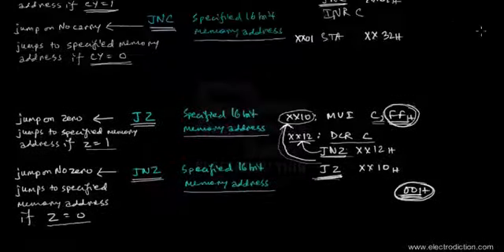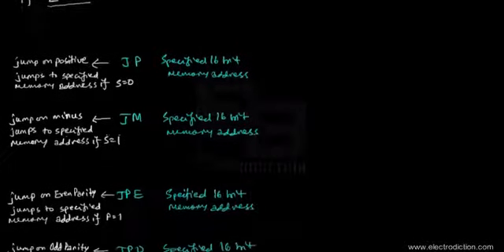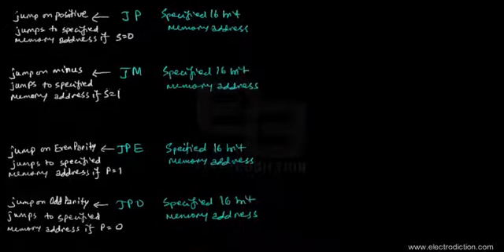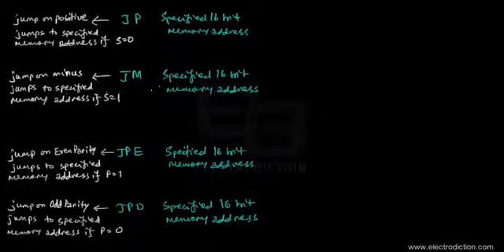Now similarly, there are other conditional jump instructions such as JP and JM. That stands for jump on positive and jump on minus respectively, and they work on whether the sign bit is equal to 0 or 1 respectively.